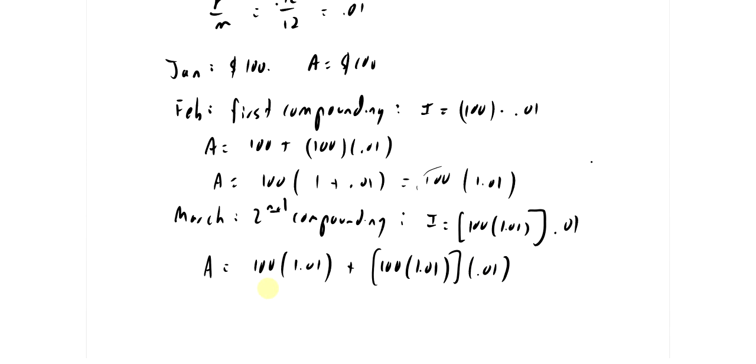And now I can do the same thing that I did before. I'm going to factor out the amount that was in the account previously, the old balance. So if I factor these two out, what's left behind is, well, a 1 from there and a 0.01. And this is not a 1, that's a parentheses.